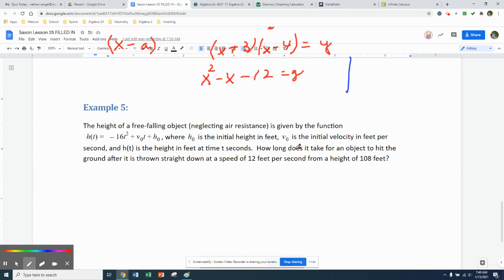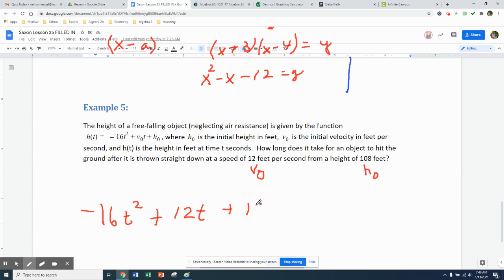So we'll start by filling in our information. The 12 feet per second is a velocity. The 108 feet is going to be our initial height. That would be our h sub 0. So we're going to take -16t squared plus 12t plus 108.